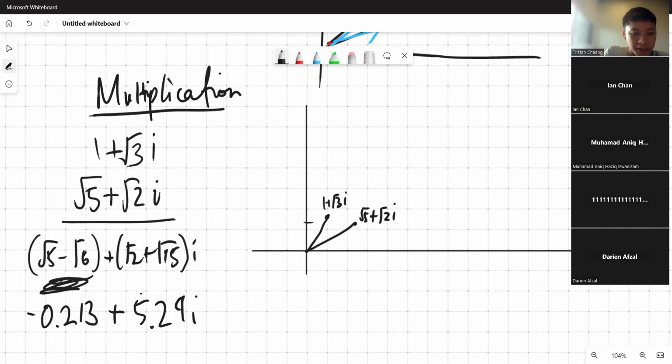So where is this roughly? In fact, let me see what square root 5 is, just to make sure I plotted that point correctly. 2.24. Oh yeah, close enough. Okay, minus 0.2 is somewhere here. 5 is somewhere here.